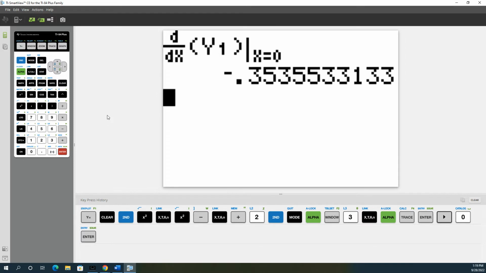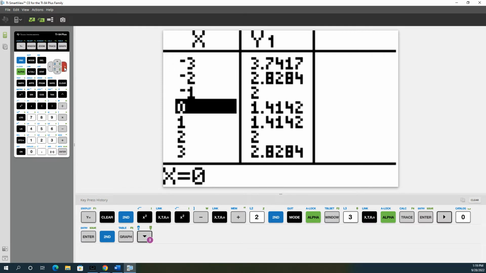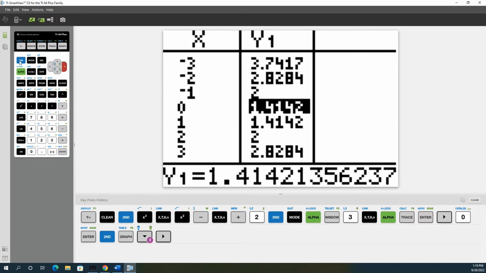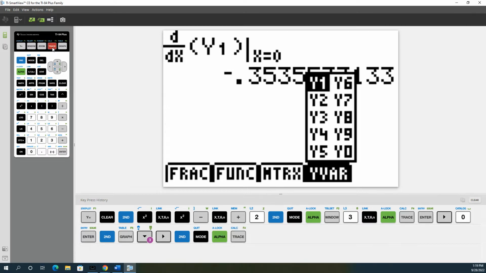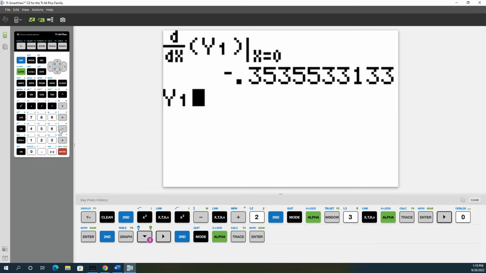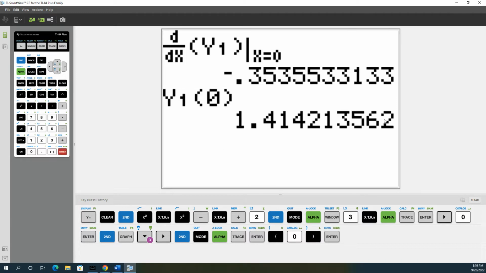One thing I don't know if I showed you, you can go to the table and get g of 0 that way. If you want to get it to more decimal points from the home screen, you can choose y1. That's technically g, and then put 0 in parentheses. So that's saying g of 0. And it'll give you a few more decimal places. It looks like the square root of 2 probably is, but that's okay.